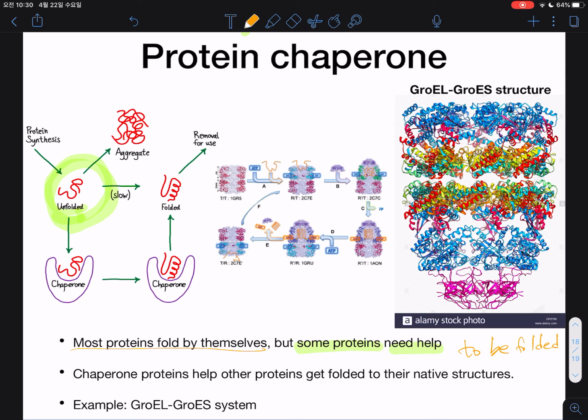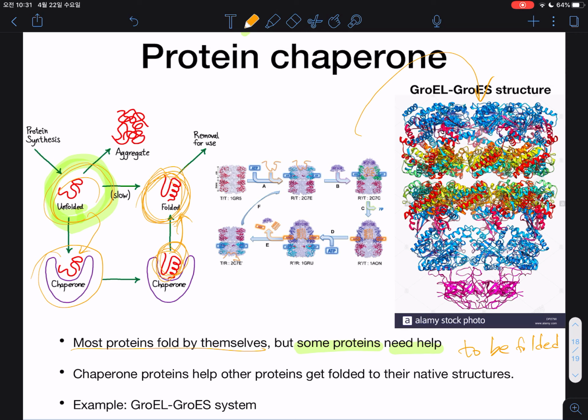Once an unfolded protein happens, this unfolded protein goes inside another protein called a protein chaperone, and this chaperone helps the protein to be folded. Once it is folded, the protein chaperone expels this folded structure.